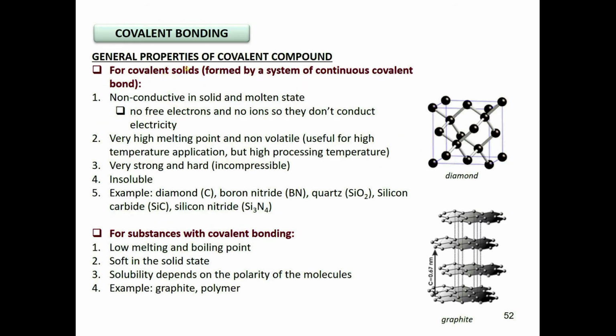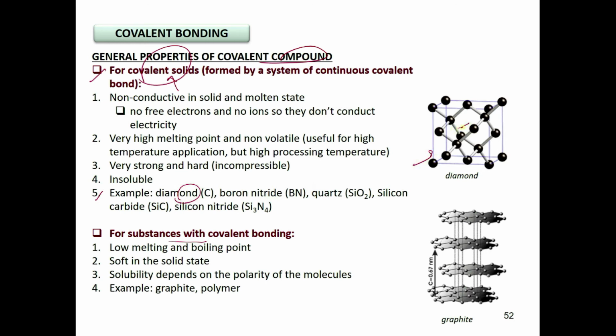These are the general properties of covalent compounds. They are divided into two, whether you have a covalent solid or substances with covalent bonding. There is a major difference between these two, because in a system where both intra and intermolecular bonding is by covalent bonding, such as seen in diamond, here is the structure.